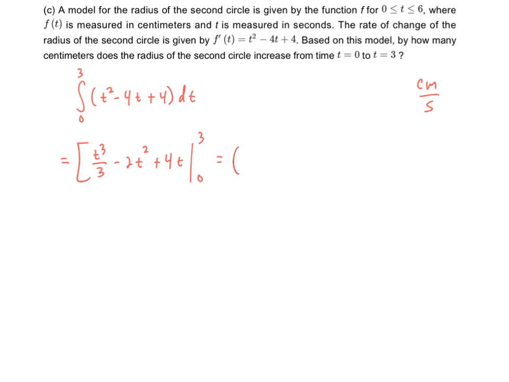So t cubed over 3, if you plug in 3, you just get 9. And then that'll be minus 18 plus 12. That is 3.